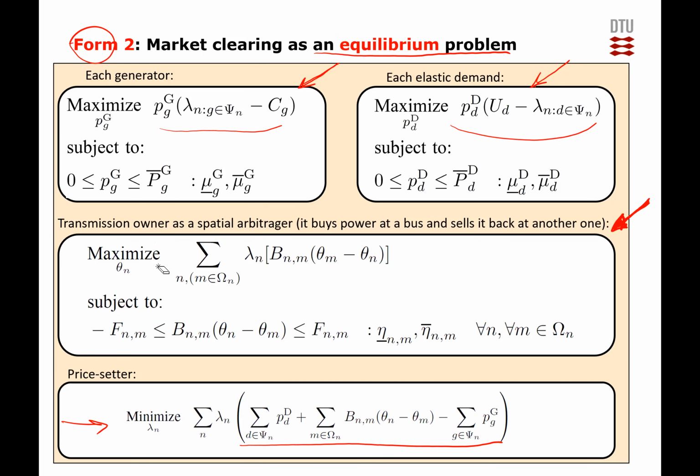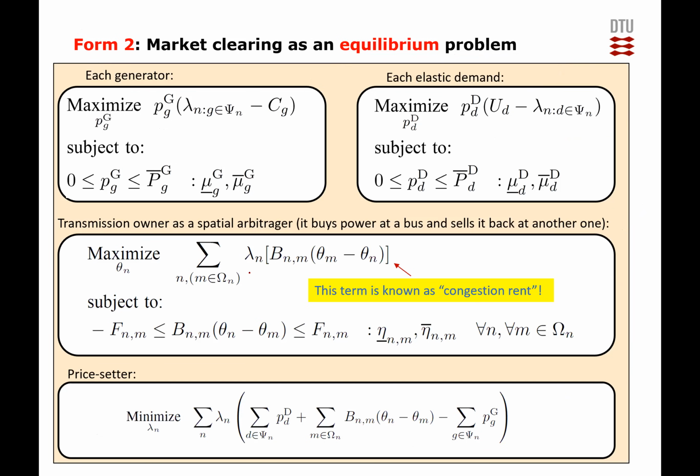So in the next slide, yeah. So you are familiar with this box. You are familiar with the last box, but not with the one for the transmission system owner. So we will focus on this box for the transmission owner in the next slides. This term is known as congestion rate.